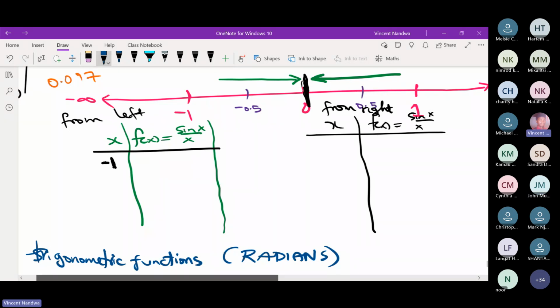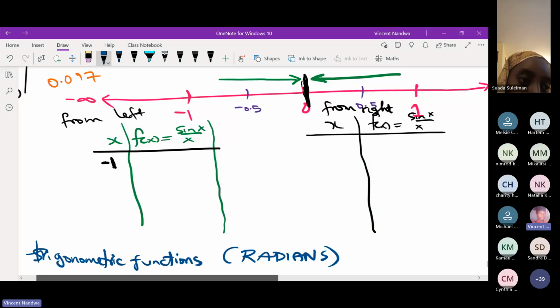Otherwise you get wrong answers. The 0.017 you are giving me is because the mode of your calculator is in degrees, which is wrong.